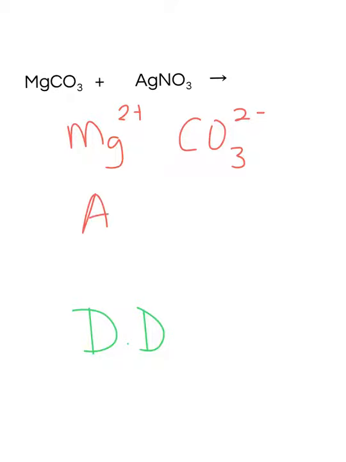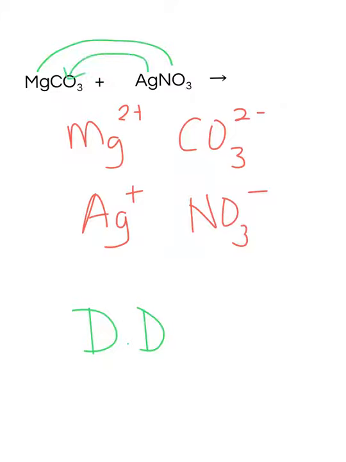Silver, when I look at the periodic table, I can see that it has a +1 charge, and that nitrate has a -1 charge. And so really we just have these compounds switching places. My magnesium is going to want to go with the nitrate in my silver nitrate, and silver is going to want to go with my carbonate. So that's exactly what I'm going to do. I'm going to cross these guys over together.